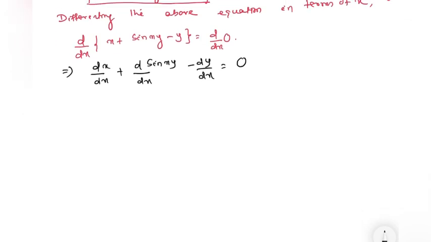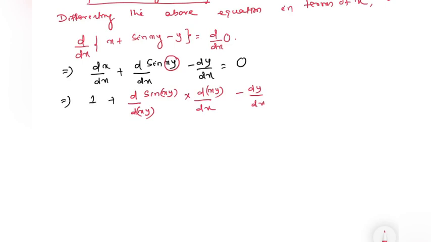And if you apply the chain rule here, dx upon dx is 1. Here, in sin xy, the derivative with respect to x is required. In this case, what will you do? The derivative of sin xy with respect to xy, into the derivative of xy with respect to x, minus dy by dx is equal to 0.